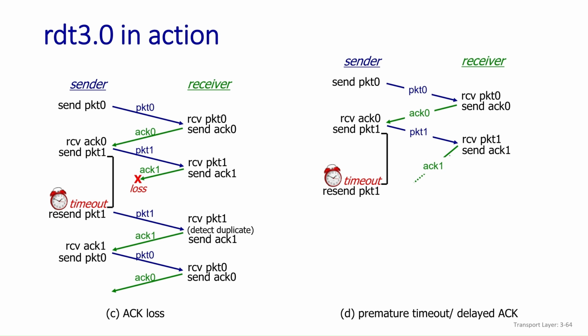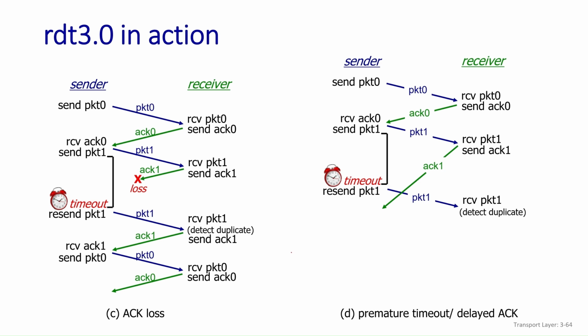The acknowledgement is on the way, and we have a timeout event. So what will we do in this case? Packet 1 will be retransmitted. Packet 1 obviously is a duplicate packet at the receiver. It will be detected and it will again send what? Acknowledgement 1.